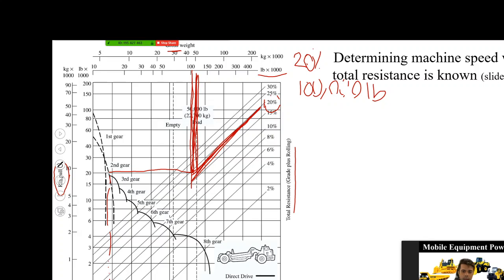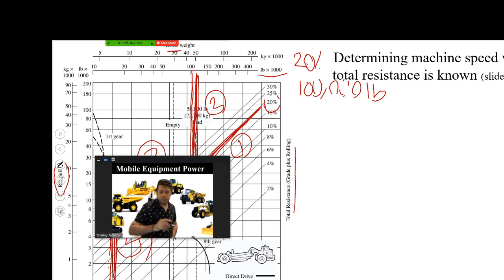From the intersection, you draw another horizontal line and see where it intersects the gear curve. Once you find that intersection, you draw a vertical line again, and this will show you the speed of the vehicle. So this is number 1, number 2, number 3, and number 4. Okay, and now the explanations.